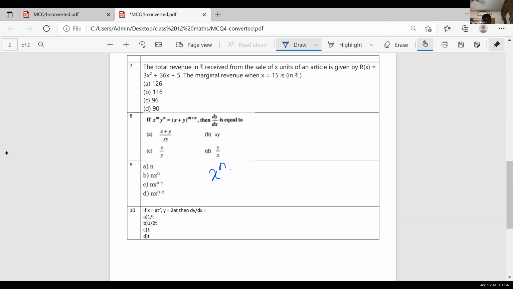Ma'am, the ninth question is not there. Ma'am, you are muted. Okay, derivative of x raised to n, Karthik. Ninth one noted, derivative of x raised to n. Those are completed.